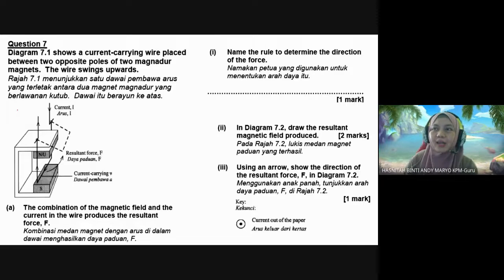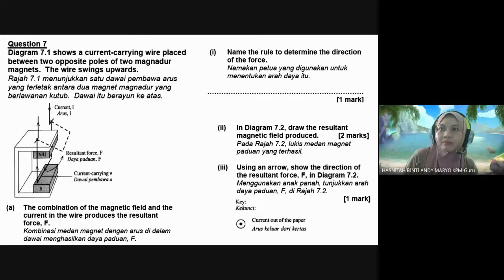Next, question 7 is stated here. Again, this is the diagram you are given. We have two permanent magnets. We place a conductor in between the permanent magnets, and this is the direction of current flow.